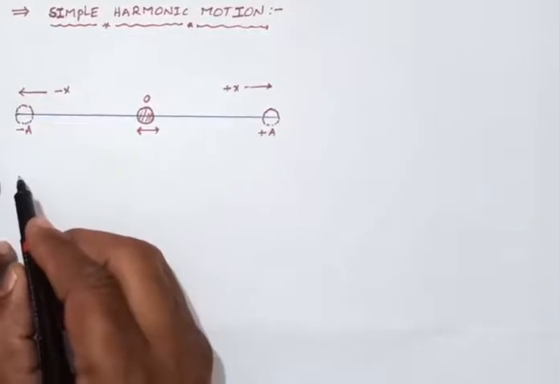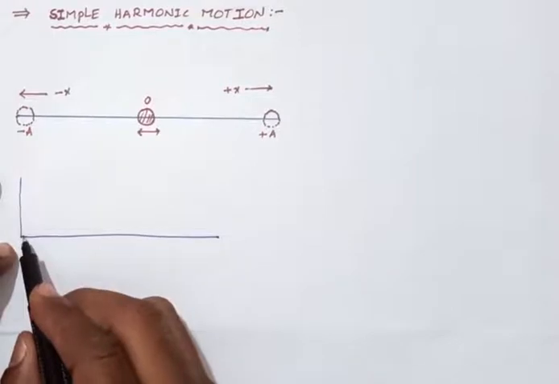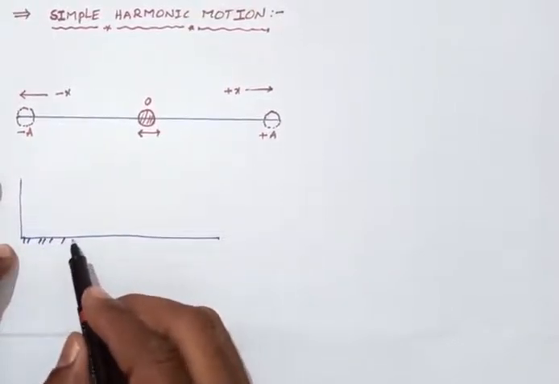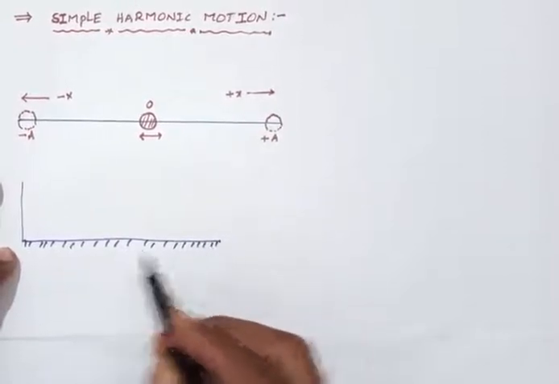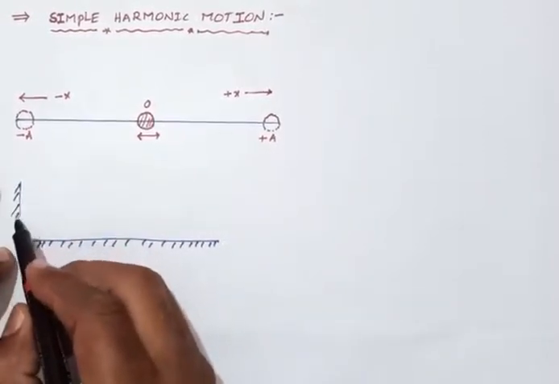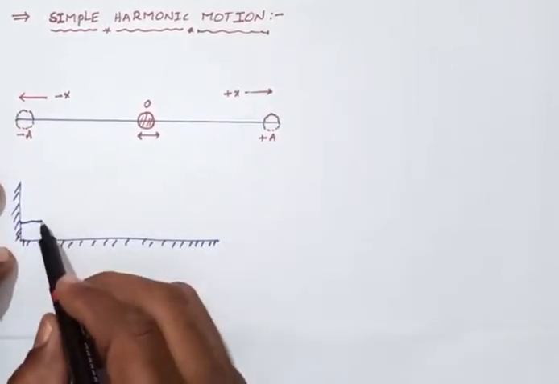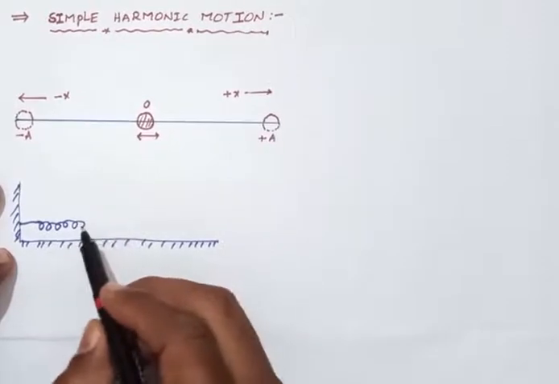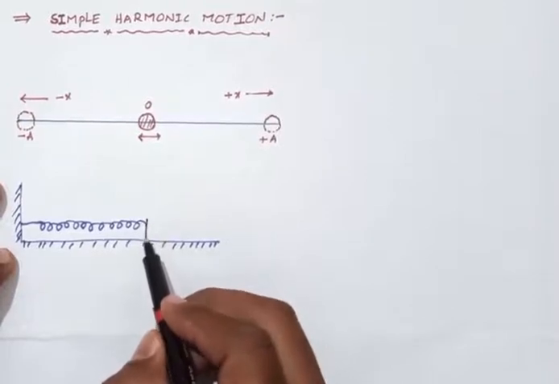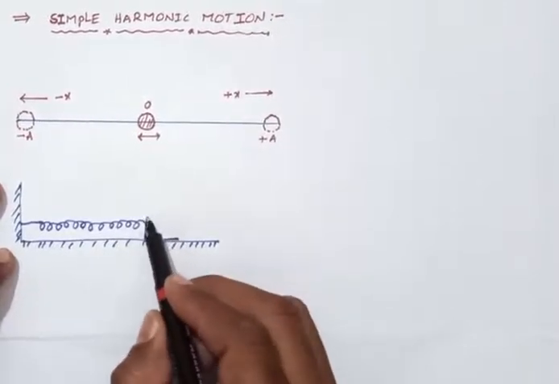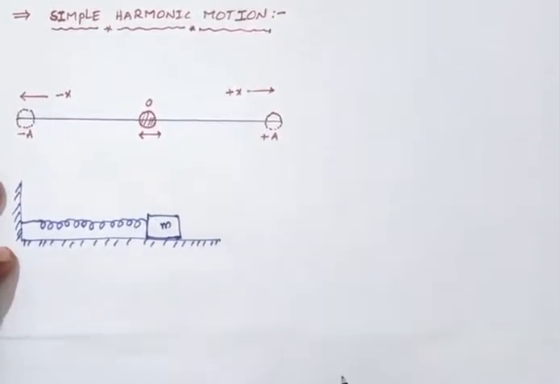So this is the frictionless surface, and this is the rigid wall. The spring is connected to the rigid wall on one side, and on the other side it is connected to a mass of the body. So m is the mass of the body.